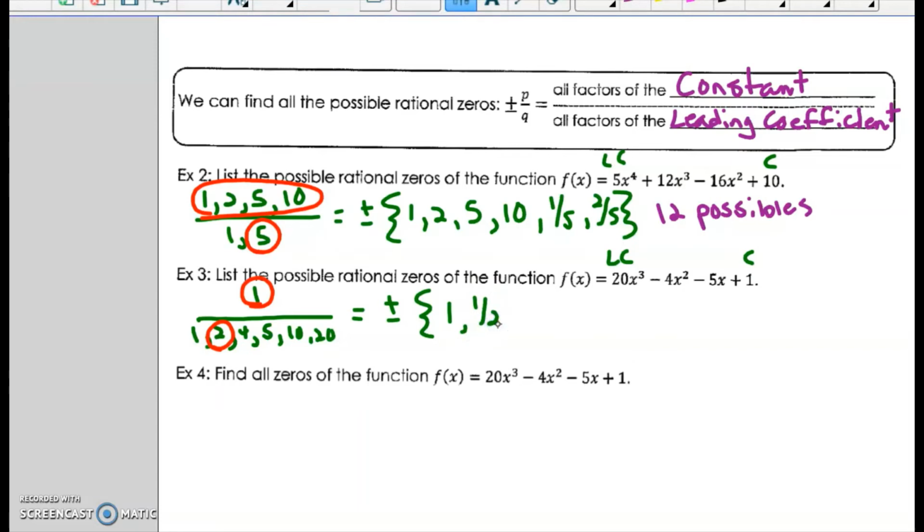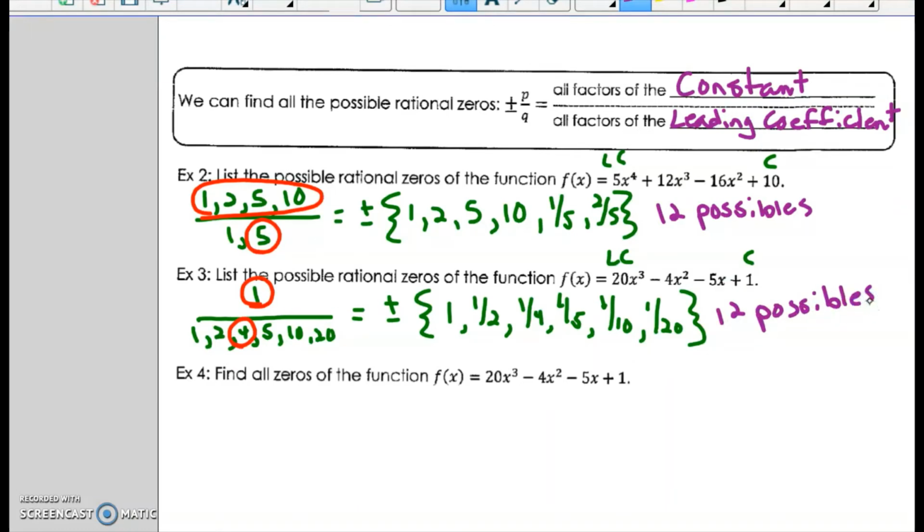And so it becomes 1 divided by all the bottom numbers. 1/4, I'm just going to continue, 1/5, 1/10, and 1/20. Those are the possible rational roots, and just so you know, 1, 2, 3, 4, 5, 6, there are 12 possibles there.